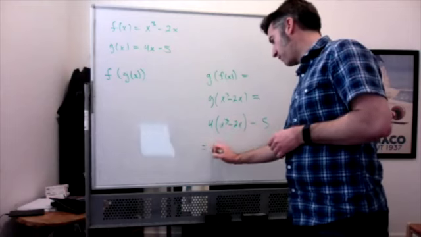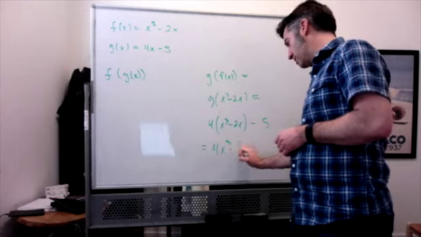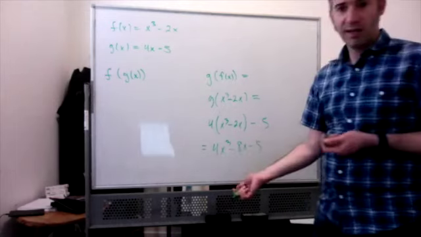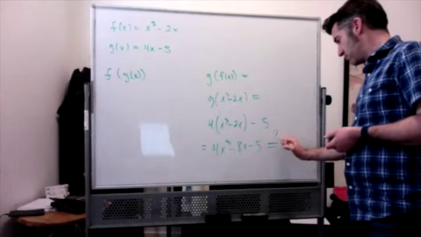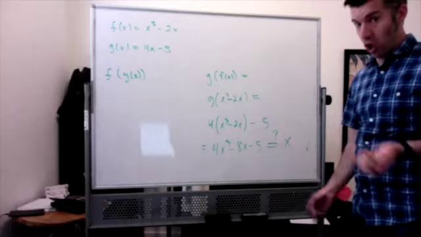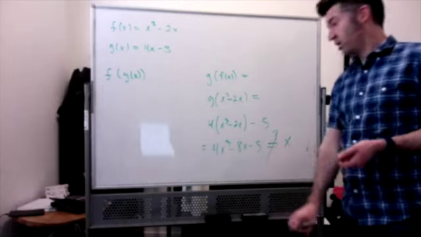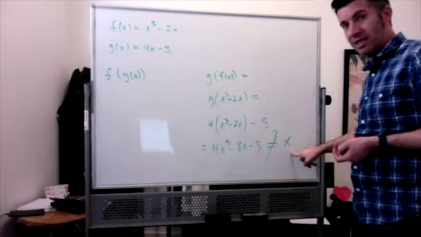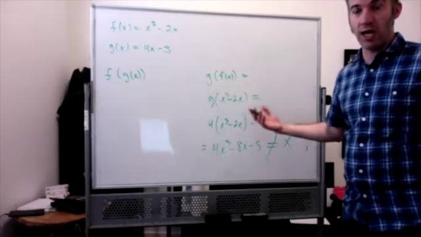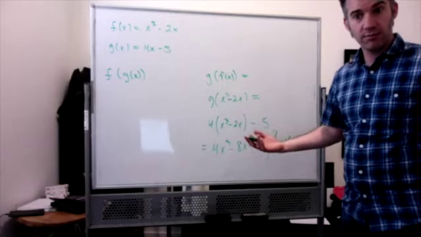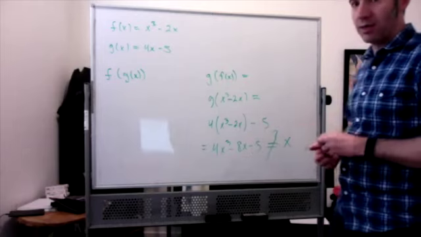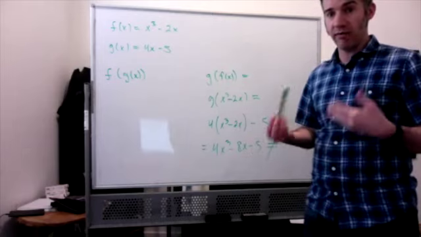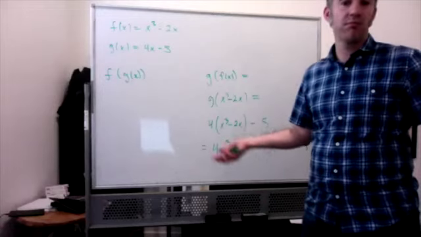So I ended up getting 4x cubed minus 8x minus 5. Is that equal to x? No. So since g of f of x is not equal to x, g and f are not inverses of each other. And that's always how we can tell. If you compose g of f of x and you don't get x, not inverses.